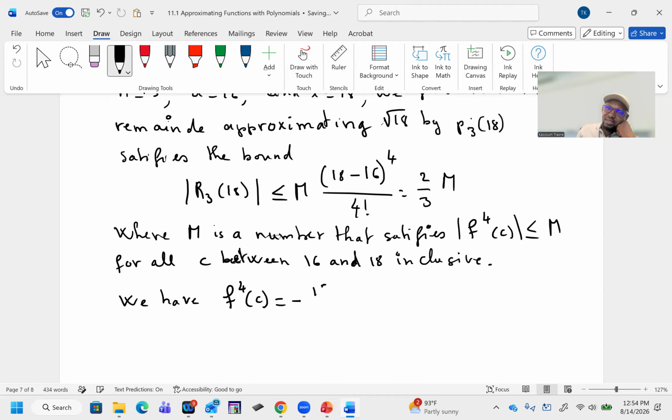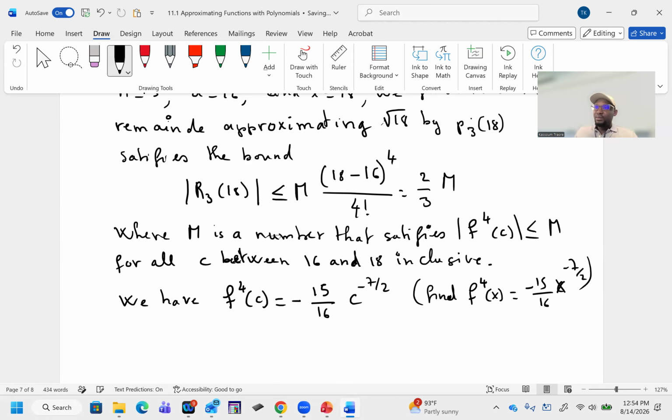Negative 15 divided by 16 times c to the power of negative 7 over 2. We have already found the fourth derivative of x is negative 15 divided by 16 times x to the power of negative 7 over 2, right?